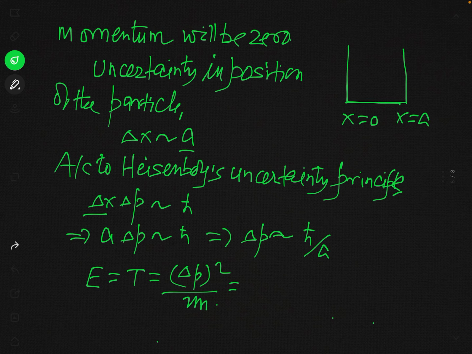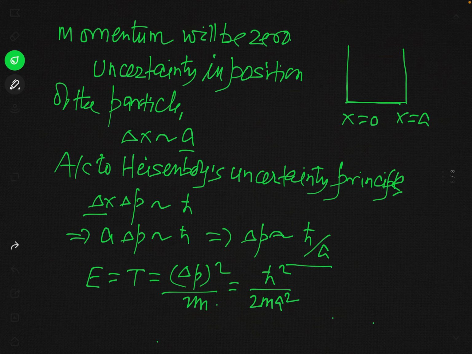Let us substitute the value of delta P from here. This will be h bar square over 2ma square.